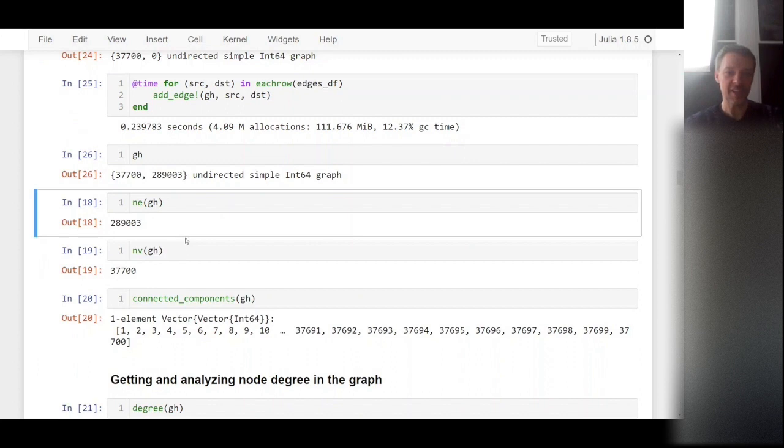So additionally, I check with NE the number of edges in a data frame. I can check with NV the number of vertices in my graph. But again, this is as expected, and I will do one additional check.